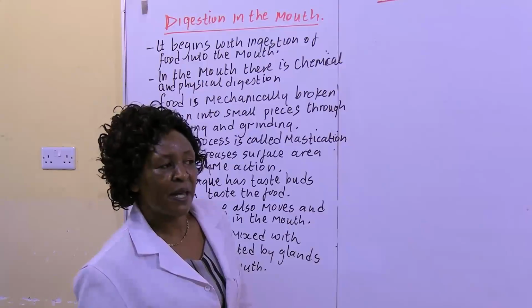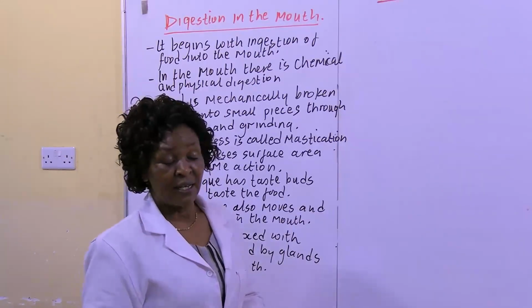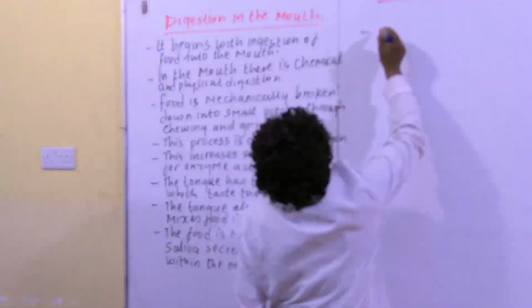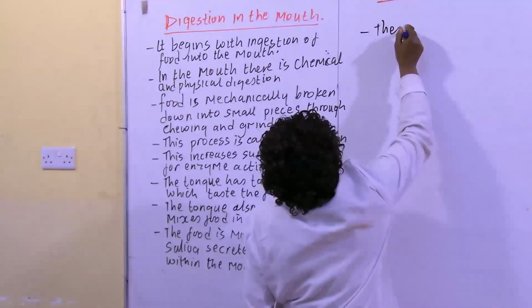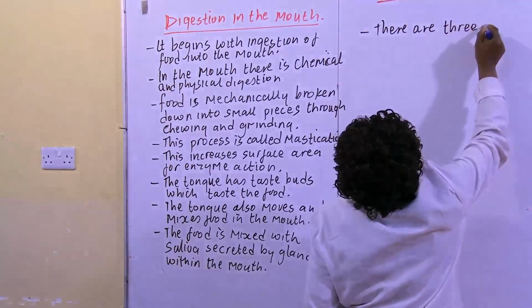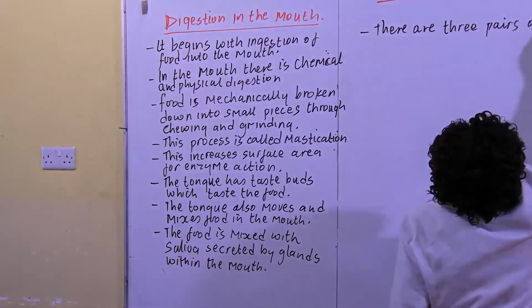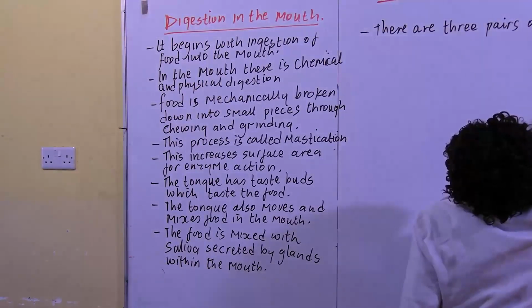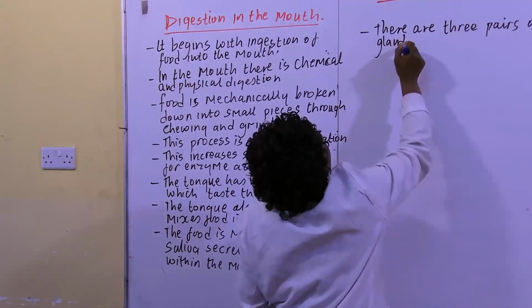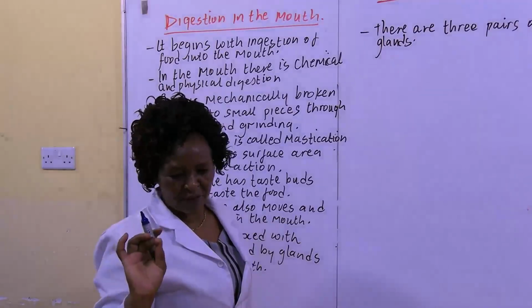There are three pairs of salivary glands located within the mouth that secrete saliva.